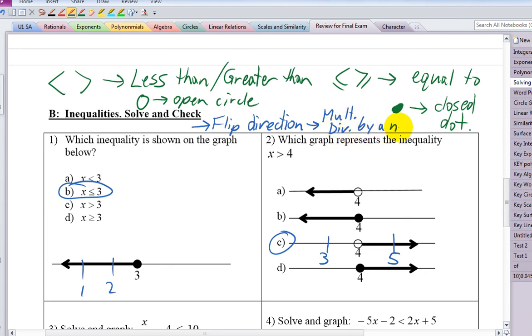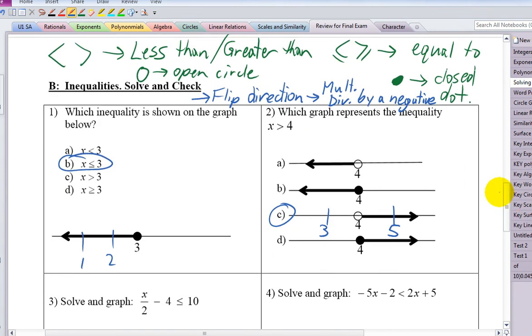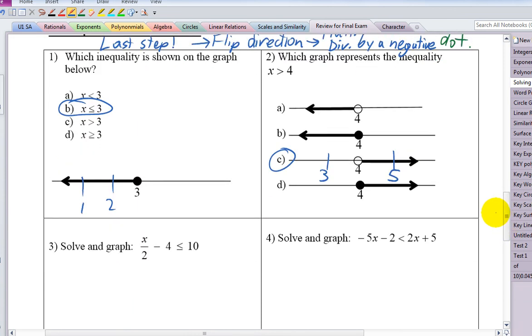So when you multiply or divide by a negative, you have to flip or change your sign direction. Okay? And for you guys, it's almost always going to be divide. Multiplying is more grade 10. But it's only going to happen at the last step. That's when it's going to occur. So don't think of subtracting means you got to flip.